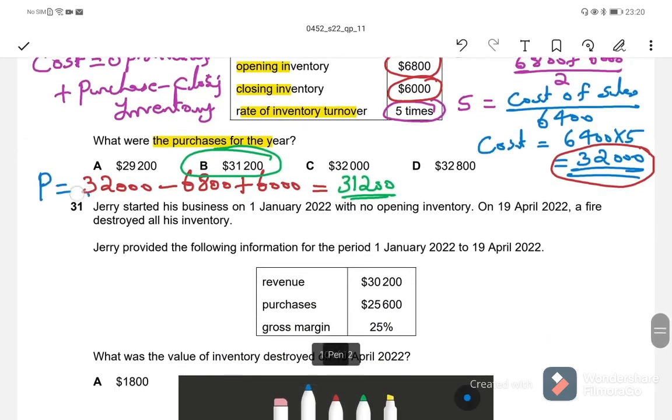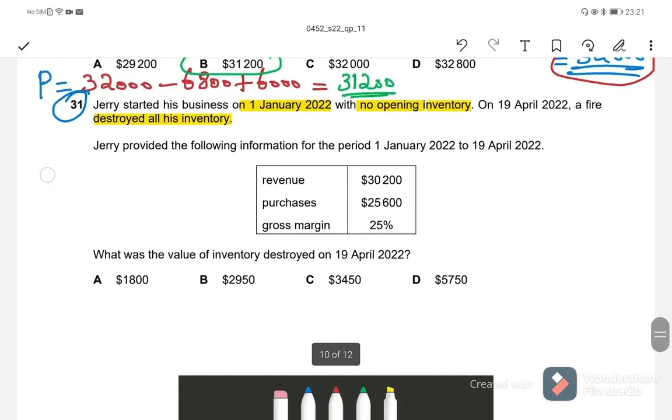Next, question number 31. Jerry started his business on 1st January 2022 with no opening inventory. On 19th April 2022, a fire destroyed all his inventory. Jerry provided the following information: January to April revenue, purchase, gross margin.